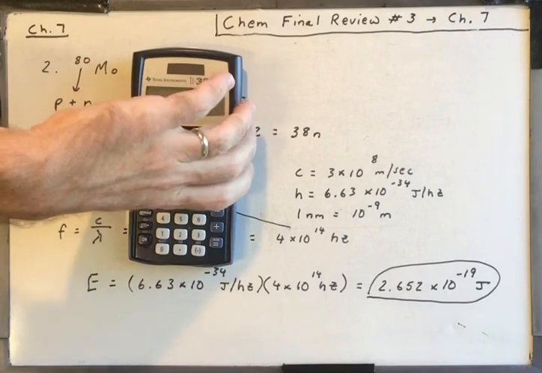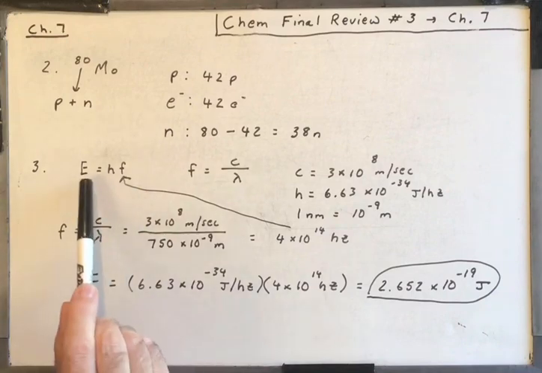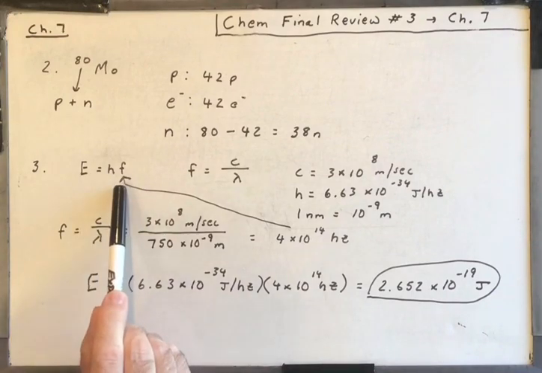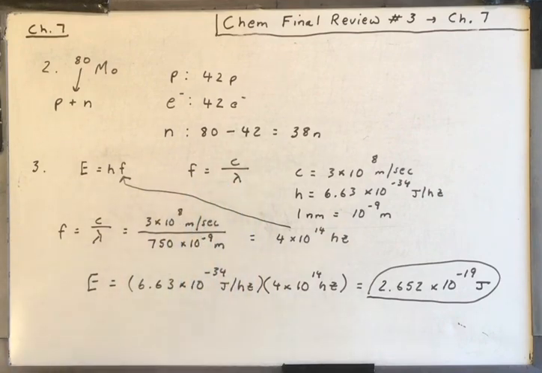All right, so for these types of problems, you can be given energy and have to solve for frequency. You can be given wavelength and have to solve for frequency. You just need to algebraically manipulate these equations. If frequency is c over wavelength, then wavelength is equal to c over frequency.